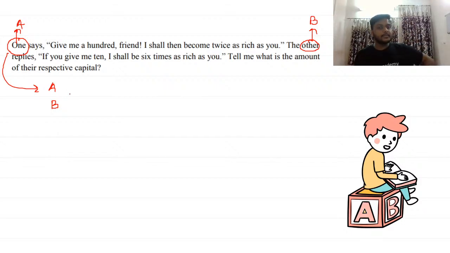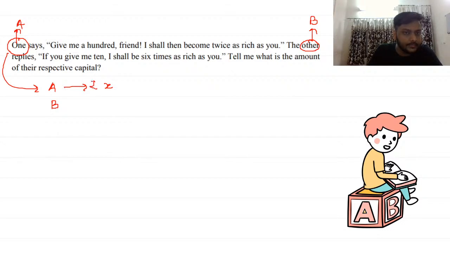I shall then become twice as rich as you. And B replies, if you give me 10, I shall be 6 times as rich as you. And the question is, tell me what is the amount of their respective capital. It's very simple, guys. So now I will be assuming that A is having X rupees initially, and B, that is the other, is also having Y rupees initially.